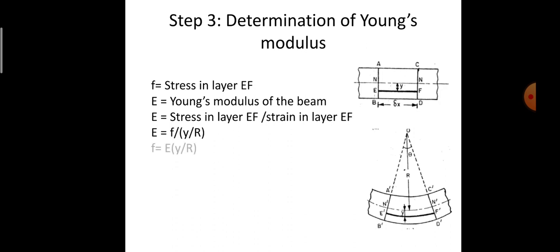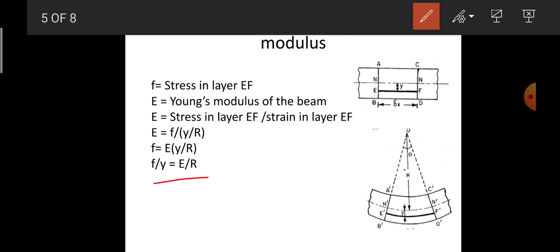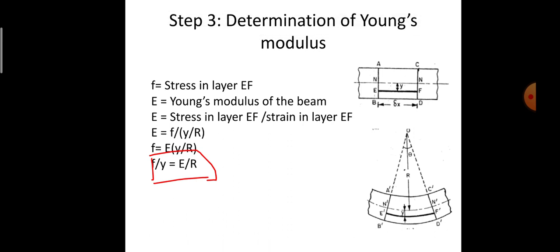After simplification I get F by y is equal to E by r. So this is all about finding the Young's modulus for the layer EF. Since E and R are constant, stress in any layer is directly proportional to the distance of the layer from the neutral axis.